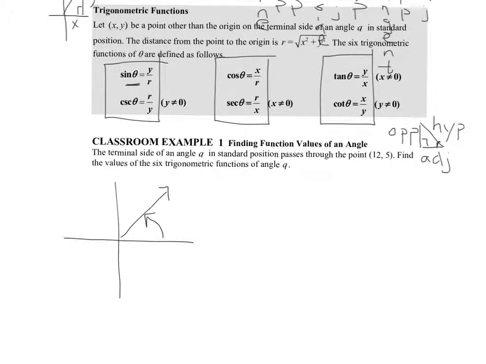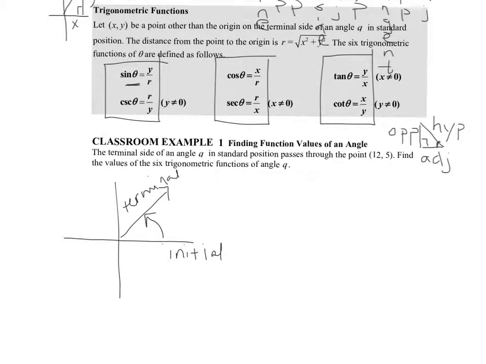Okay, so the positive side of the x-axis was our initial side. That means where the angle ends, where I'm drawing the other part of the angle, is my terminal side. Y'all remember talking about that, right?